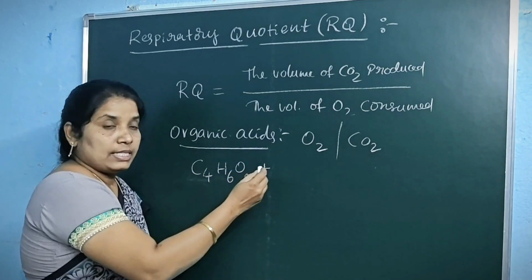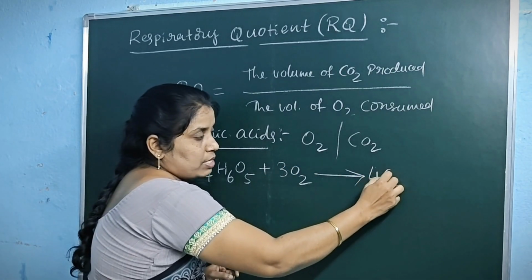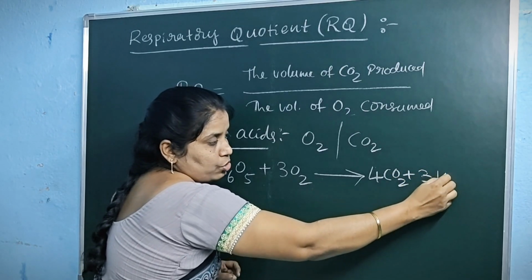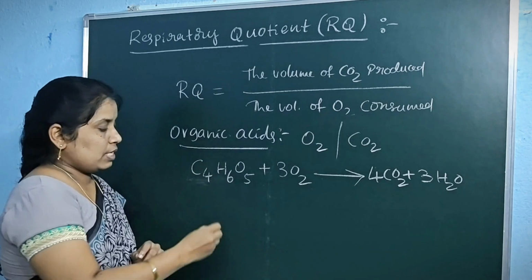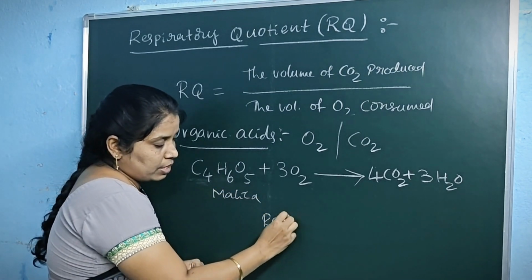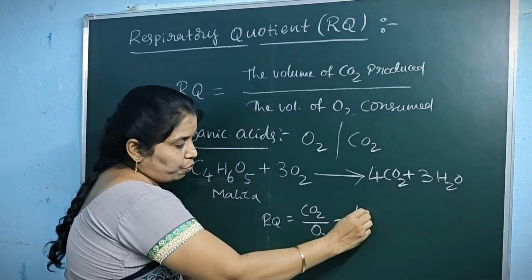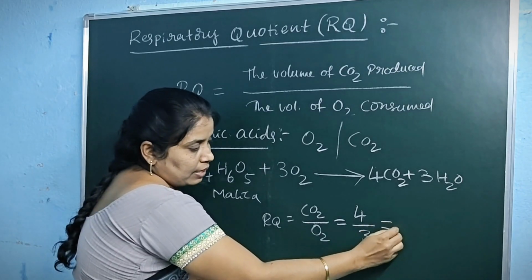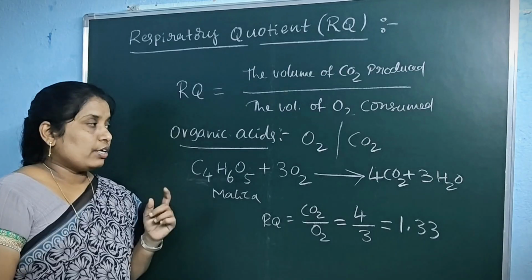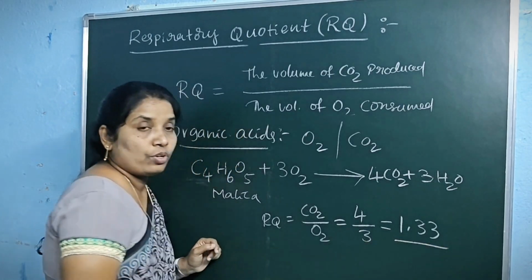C4H6O5 plus 3O2 gives rise to 4CO2 plus 3H2O. So RQ value is equal to CO2 by O2, that is 4 by 3, which is equal to 1.33. So the RQ value for organic acids is more than unity.